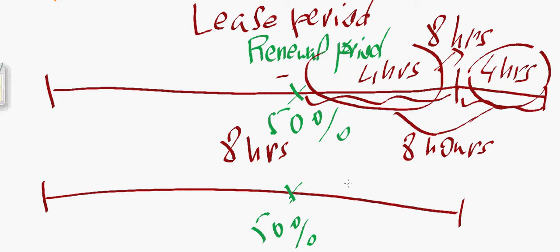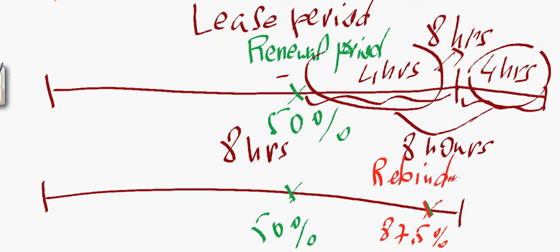So what happens, the client will keep on using the parameters assigned by the DHCP server until it reaches, let's say, 87.5% of the original lease period. At that moment, the client will go into a process called the rebinding period.